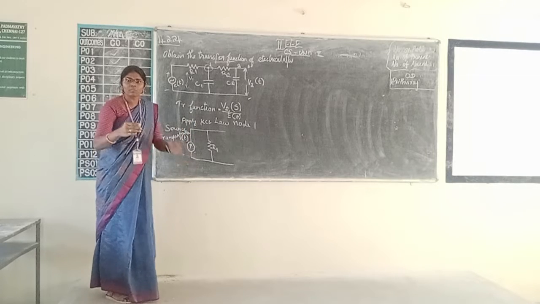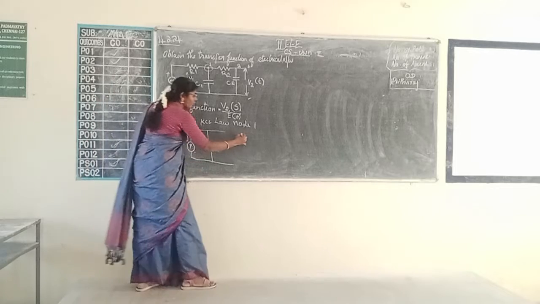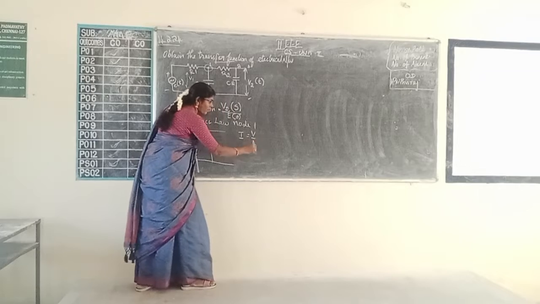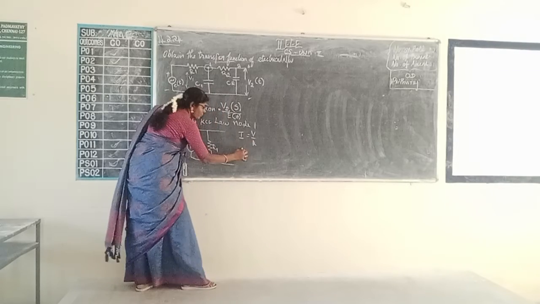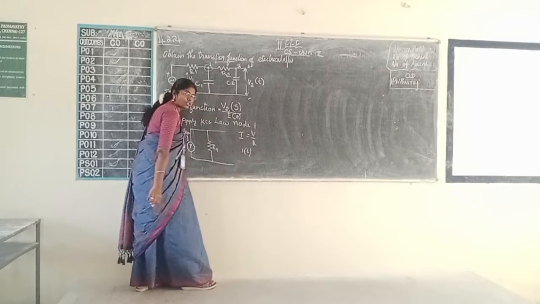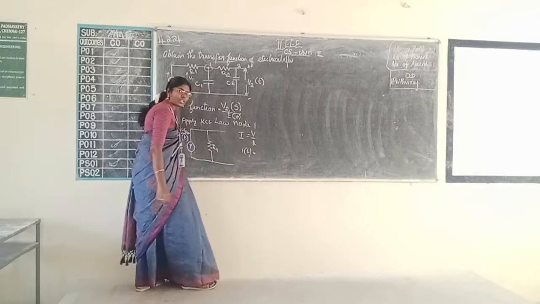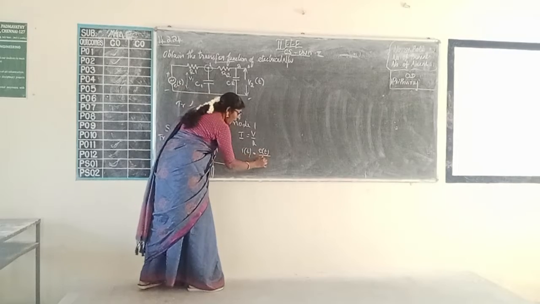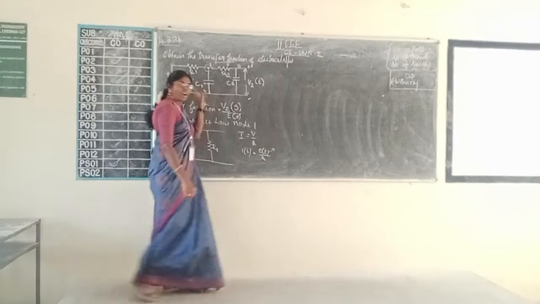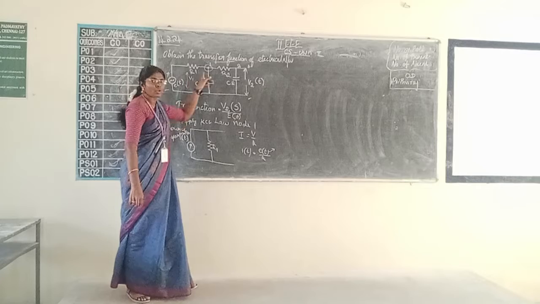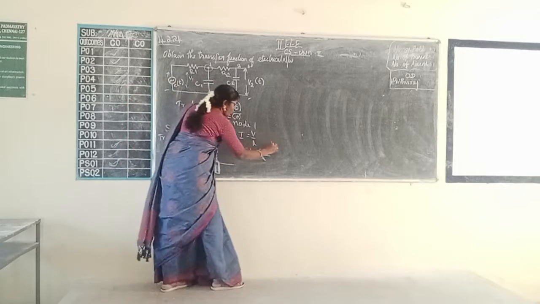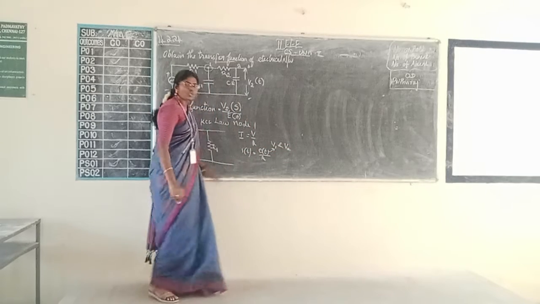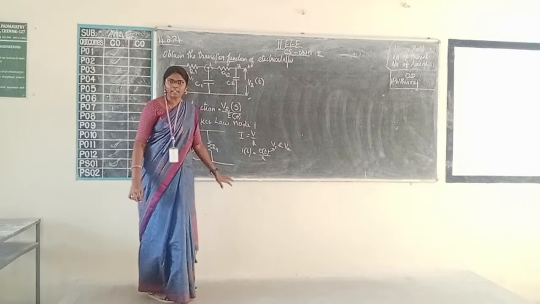We will be writing in terms of current, that is, I is equal to V by R. So here our unit is I of V. If it is our voltage here, it is E of V by R. Based on the node, it is termed V1 in the first node, and for the second node it is V2. According to this we have to write the equation.